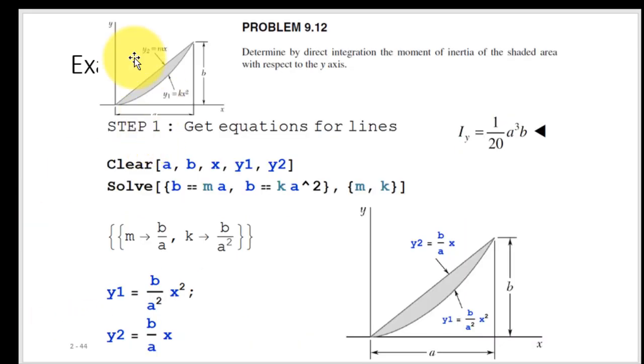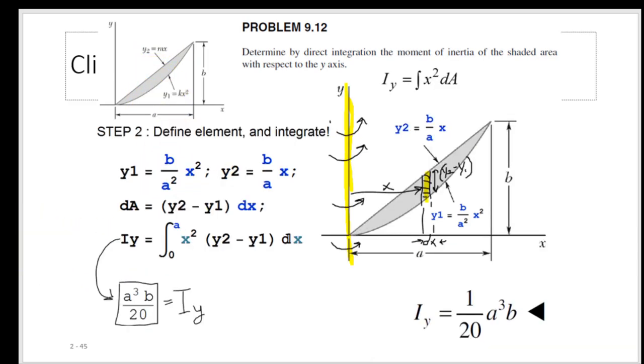If you have an area that's bounded by two lines, inertia is additive. So what you're going to do is define your element as what's on top minus what's below. So again, you can think of this guy as just a rectangle where the height now is the equation, y2 minus y1.